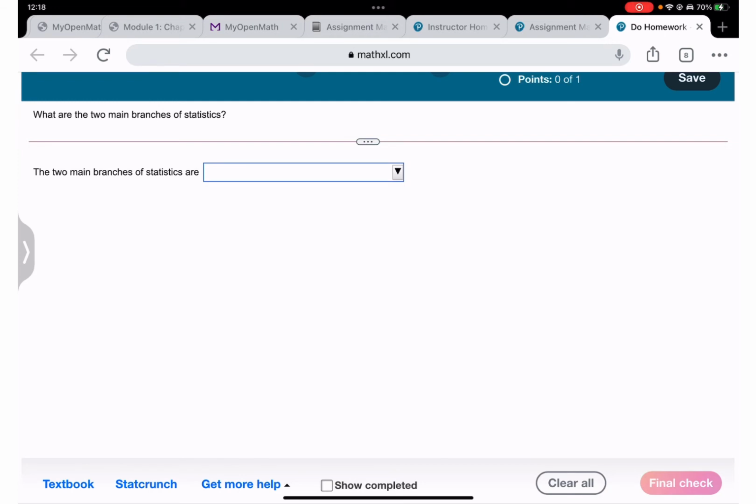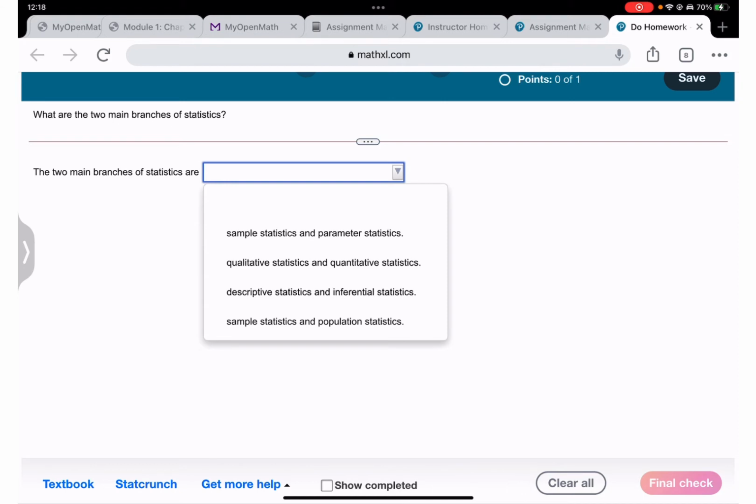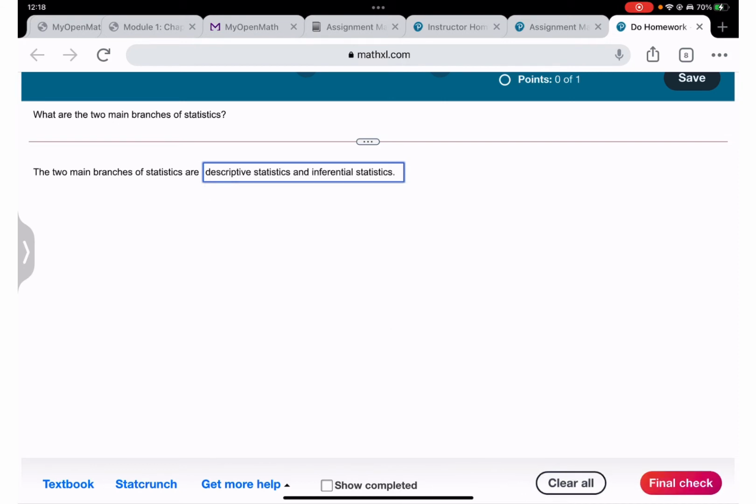Next one. The 2 main branches in statistics are descriptive statistics and inferential statistics. Descriptive statistics is collecting data, analyzing data, and organizing it first. After they collect the data, they organize. What do I mean by organizing?